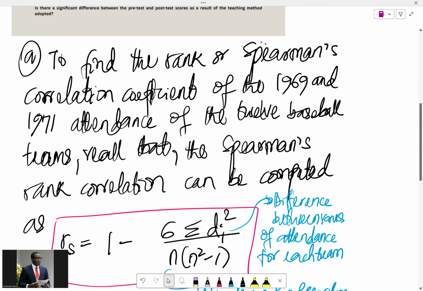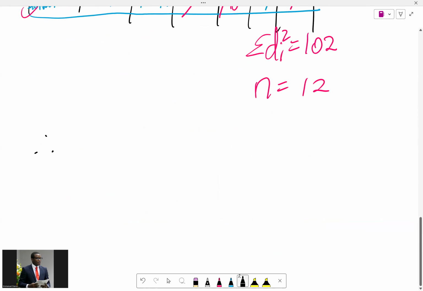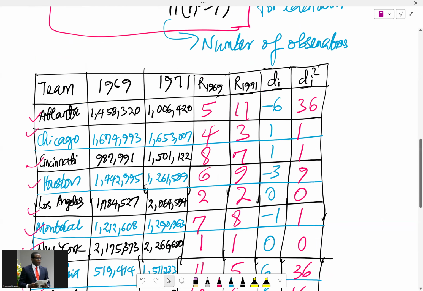So all we need to do now is compute RS. RS is 1 minus 6 summation di squared divided by n into n squared minus 1. That's what the formula is.